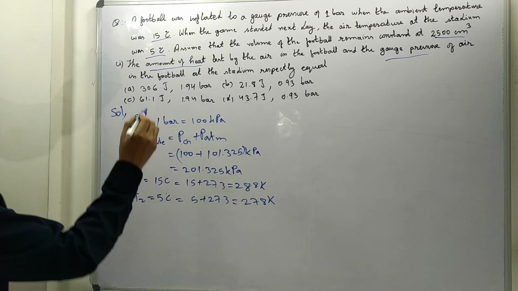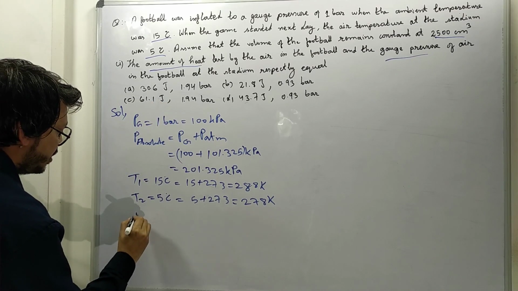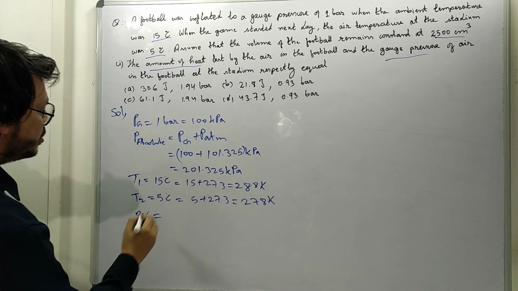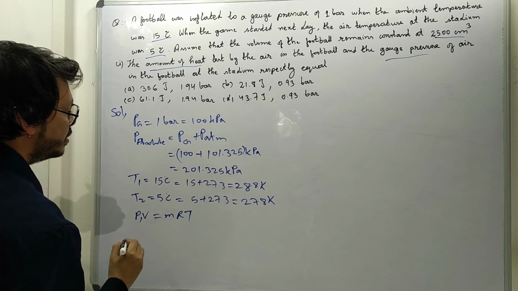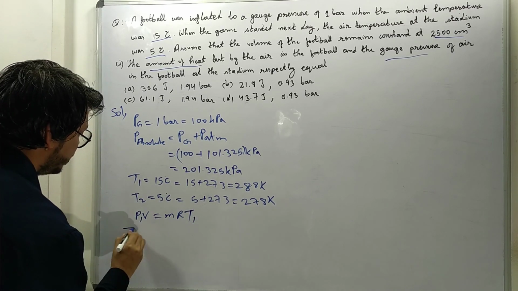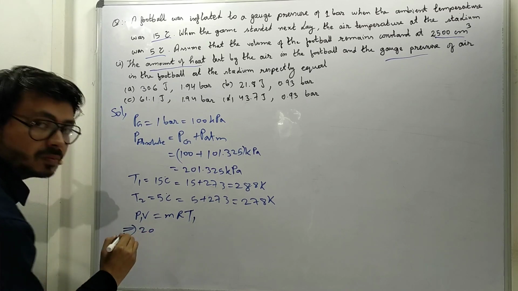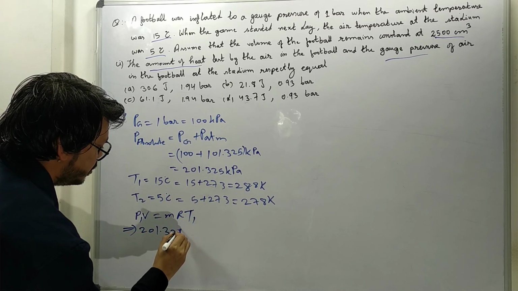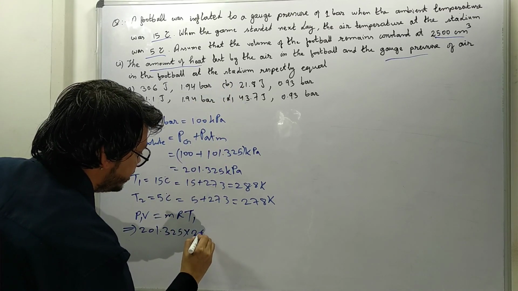Now applying the ideal gas equation in the first stage. So we have P1 V equals M R T1, since V is constant. From here P1 we have 201.325 into volume, 2500 centimeter cube.